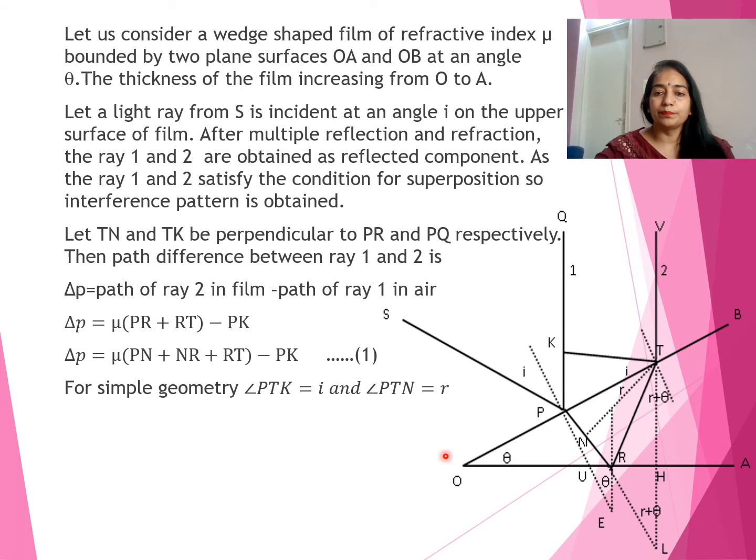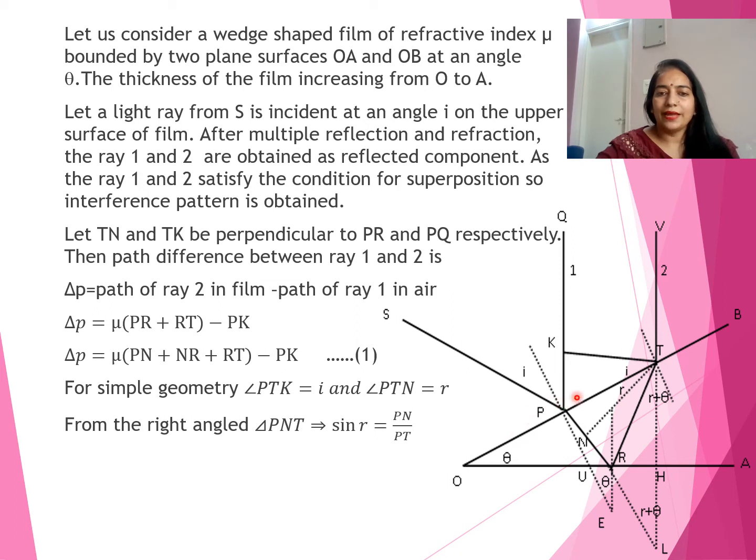So from simple geometry, in triangle PTK this angle is I, and in PT this angle is R, which I already explained in the previous slide.